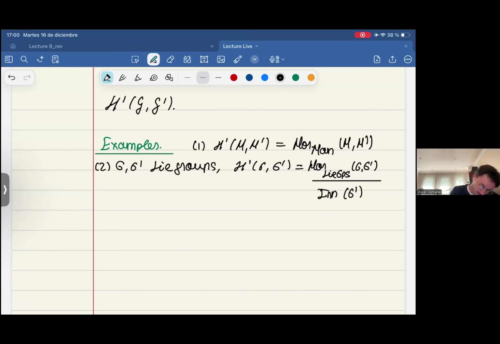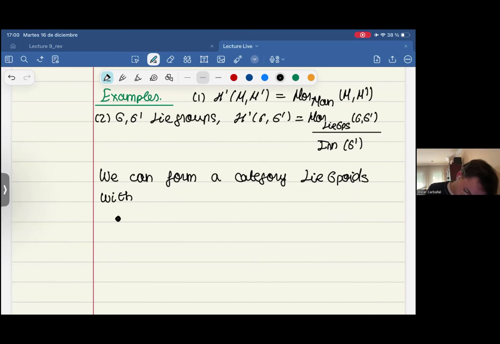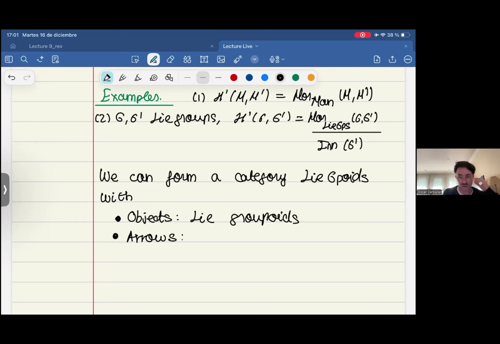So the point here is that we can form a category, the category of Lie groupoids, with objects Lie groupoids, and arrows, the morphisms between two Lie groupoids in this category, are just generalized maps.